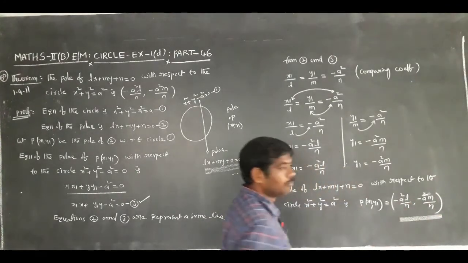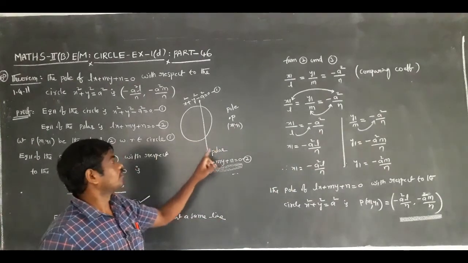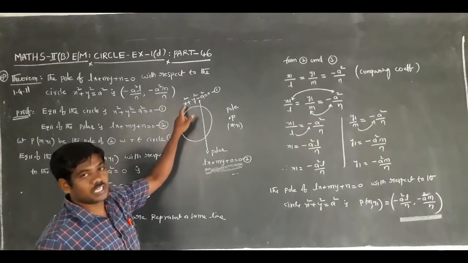This is the pole of P(x1, y1) with respect to the circle.